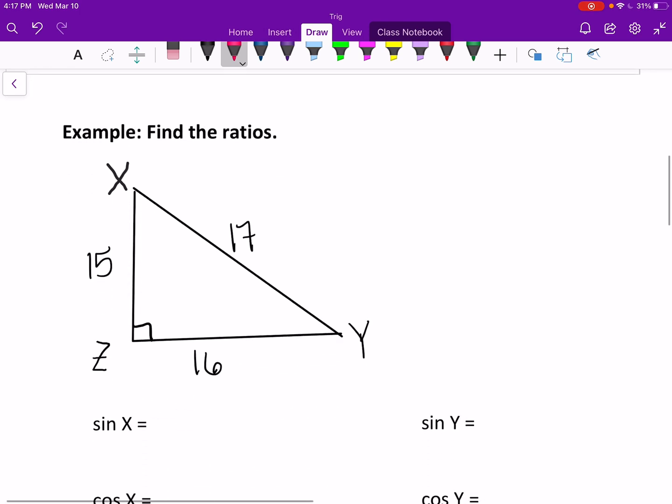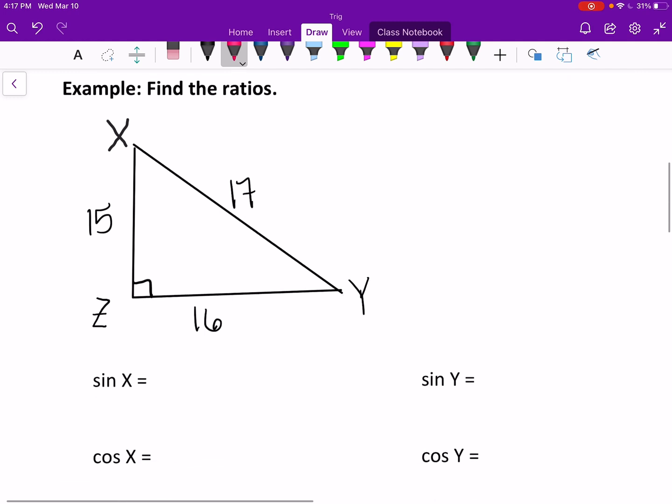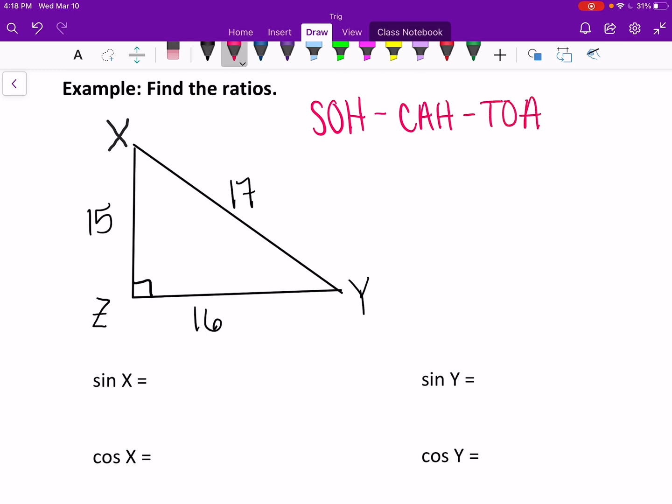So we are going to find some of these ratios and see what they look like. We're going to find sine, cosine, and tangent of our angles x and y in this right triangle we have up here. So if I want to find sine x, first of all, I'm going to write my SOHCAHTOA up here. It's a good reminder. I want sine of x. First of all, our angle x is up here, to the left.